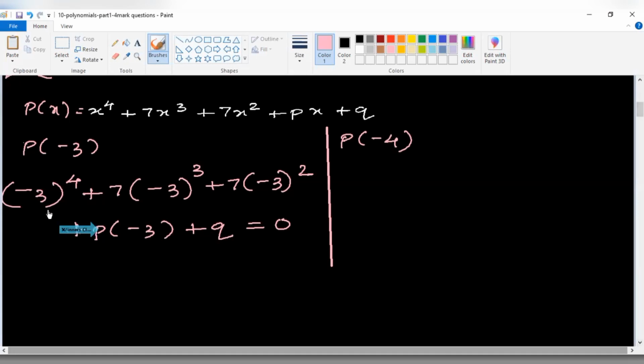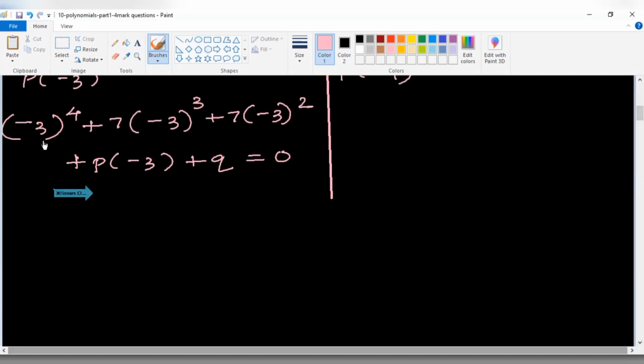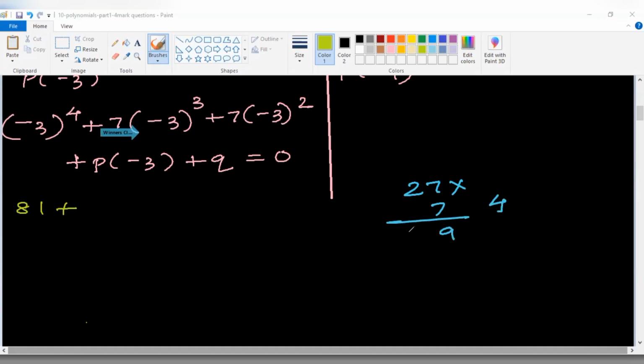Now we will expand this. 3 raised to 4: a negative number is multiplied 4 times, which means finally it should be positive. So 3 into 3 is 9, 9 into 9 is 81. So this is 81 plus, see, 3 into 3 is 9, 9 into 3 is 27, 27 into 7 is 189.